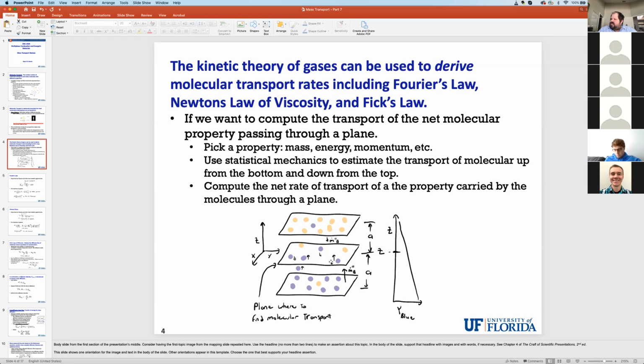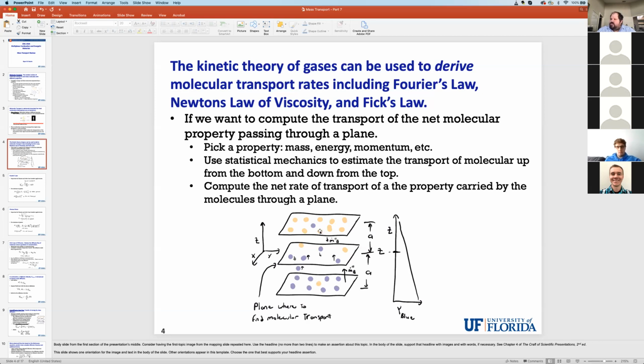And we just pick this plane, and we want to find the net amount of transport of that quantity through this plane. So as I said before, we pick a property, mass, energy, momentum, etc. Then we use results from statistical mechanics to estimate the net transport of the molecules moving up through our plane from the bottom.